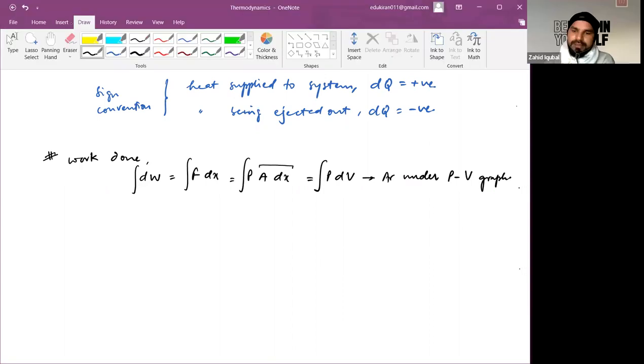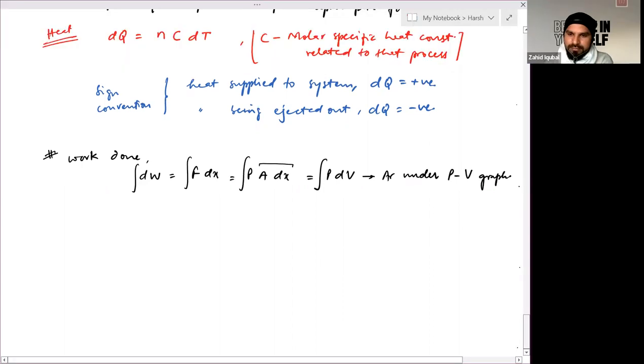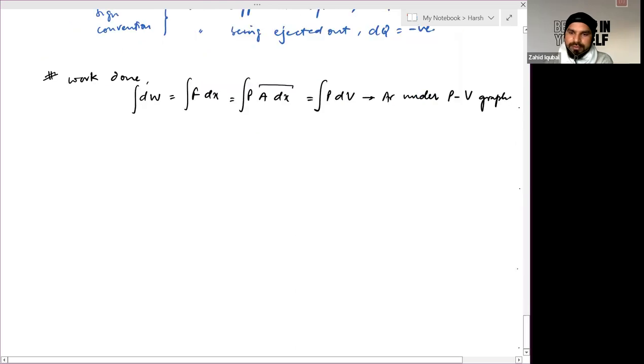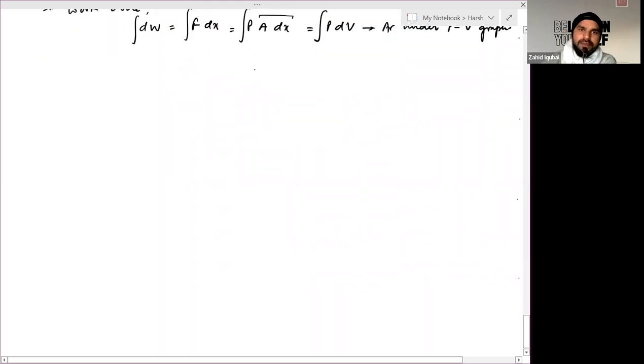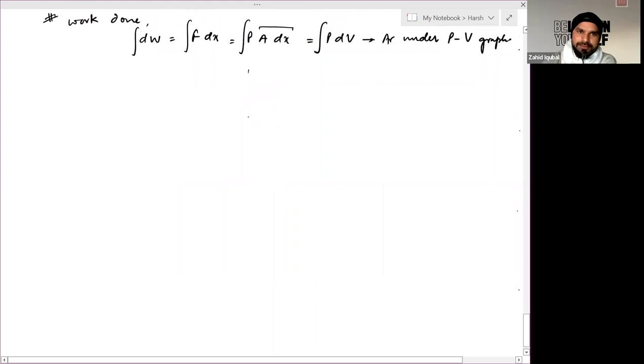Now let me define its meaning related to different processes. Suppose we have an ideal gas enclosed in a vessel.